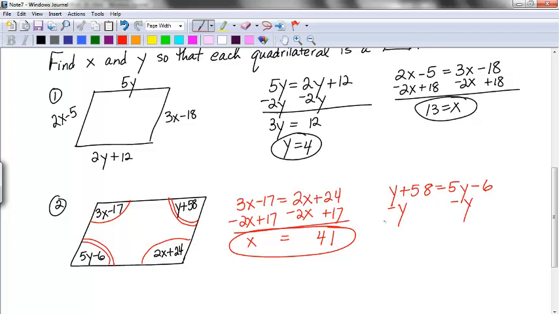If there's no number in front of that y, it's understood to be a 1. Okay, I get x equals 41, y equals 16. You agree with that? Okay, check my arithmetic. Okay, that should be enough to get you started.